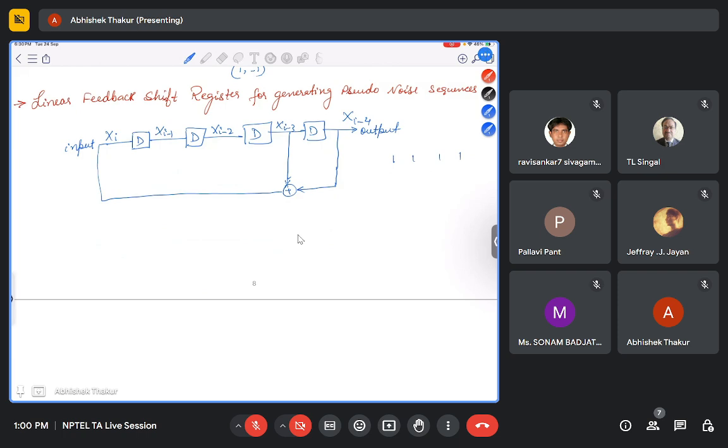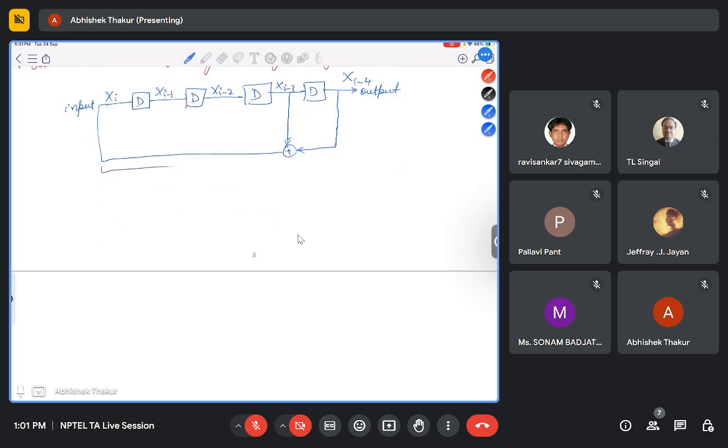So what will xi be in this case? Xi will be the XOR of xi minus 3 and xi minus 4.